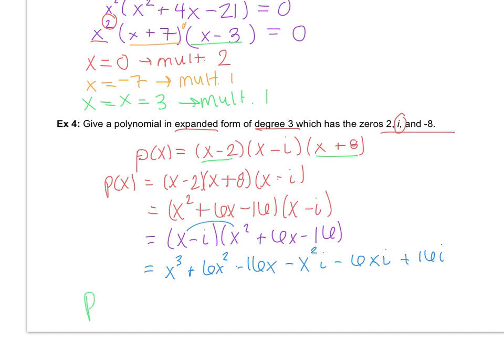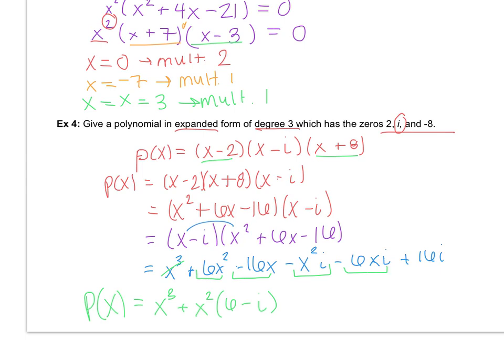So we've got our final polynomial p of x equals, so I've just got 1x cubed. I'm done with that. I have an x squared term here and here. And so I'm just going to take that x squared, and that's multiplied by 6 minus i x squared. And then I've got 2 x terms here and here.